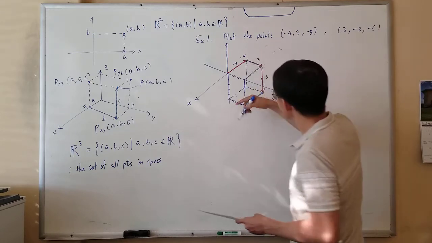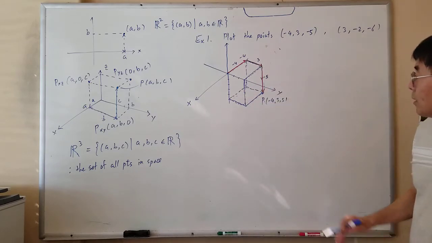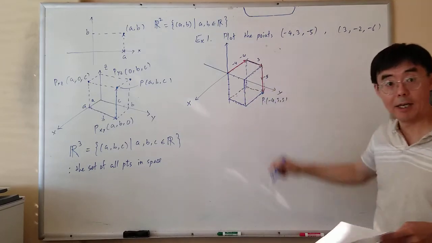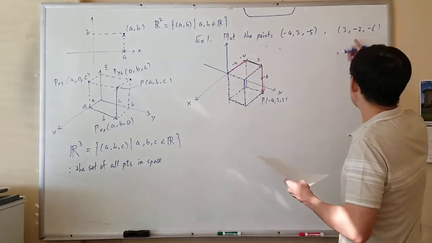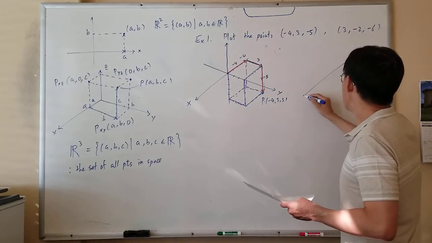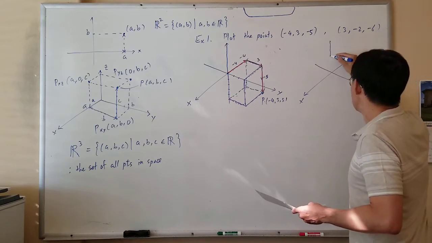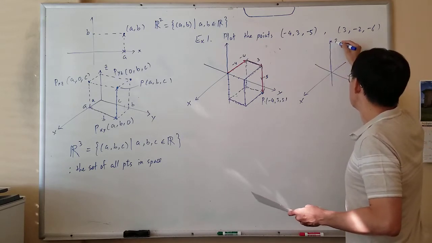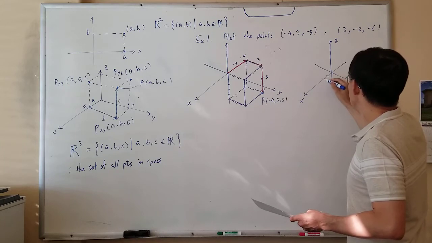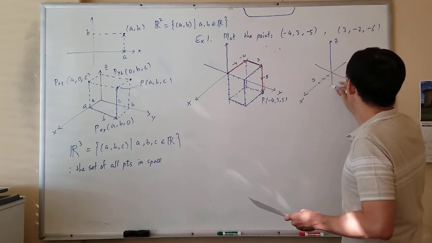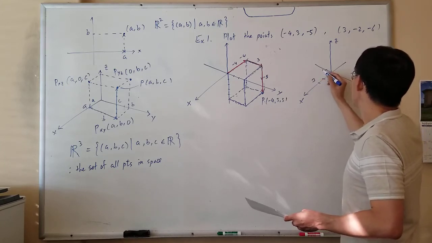You don't need to draw this rectangular box. You can just draw these three line segments. Likewise here, x, y, and z: 1, 2, 3, and negative 2.